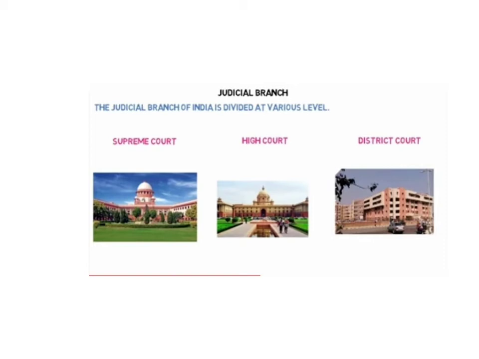Then come the high courts, which are in the different states. Then come the district courts, which are located in the states but in different districts. So this is the judicial branch which includes the Supreme Court, High Court and District Court.